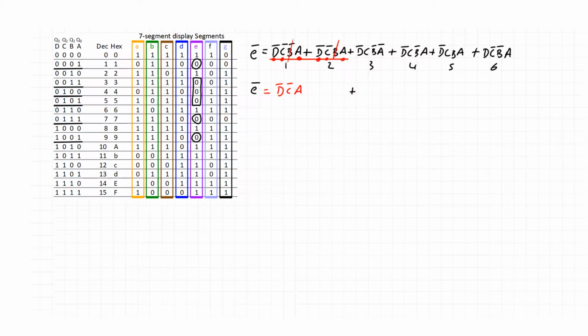And then we continue looking for more. Terms 3 and 4 have D, C, not B in both terms. So it's the A level, logic level, that's irrelevant. So the complement law knocks out the A term in that one.